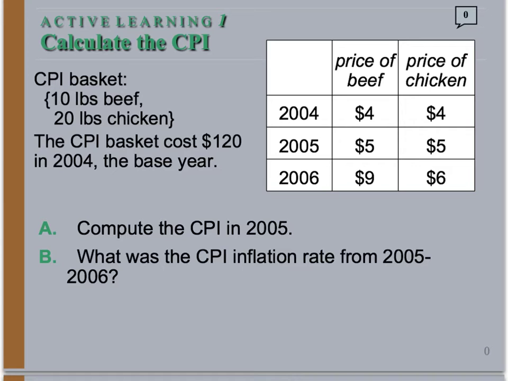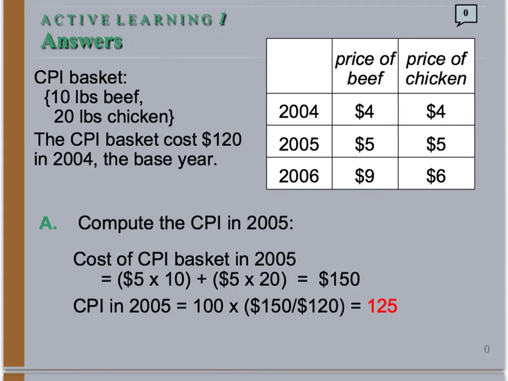So now please take out a piece of paper, and I want you to compute the consumer price index in 2005. Do part A and part B. So pause it right now, hit pause on YouTube, do the problem. And we're back.